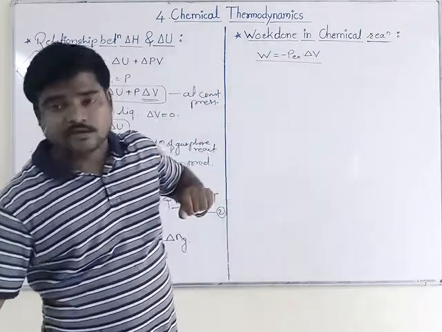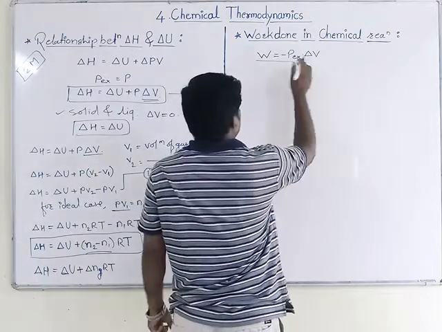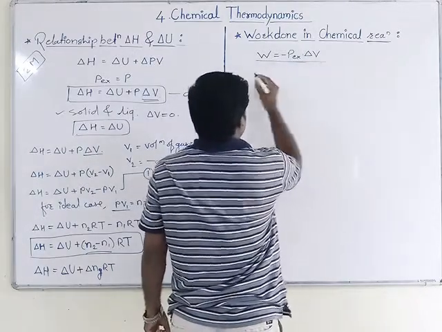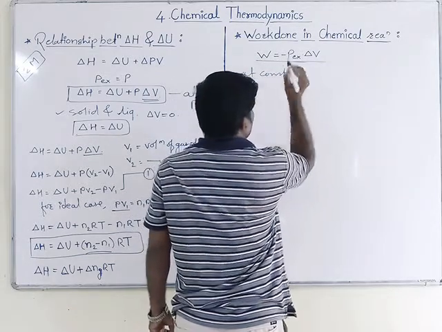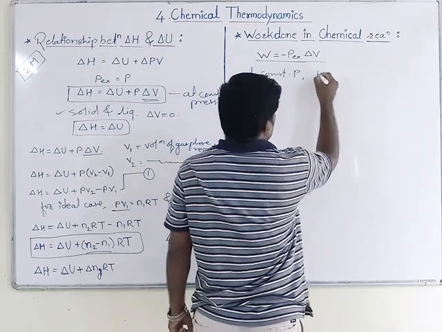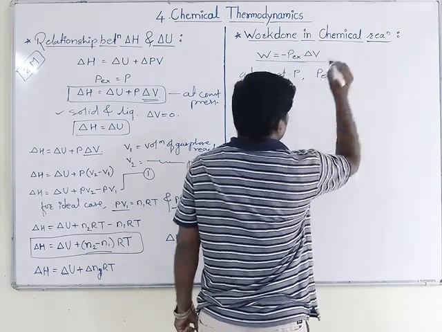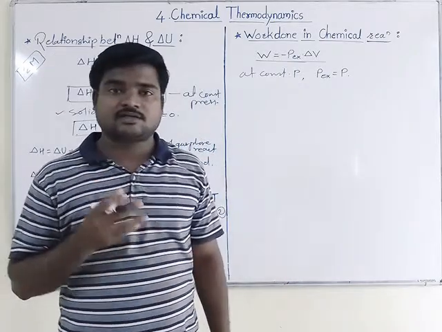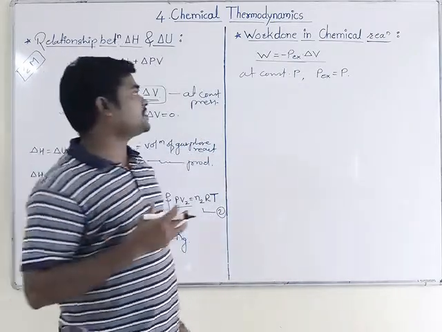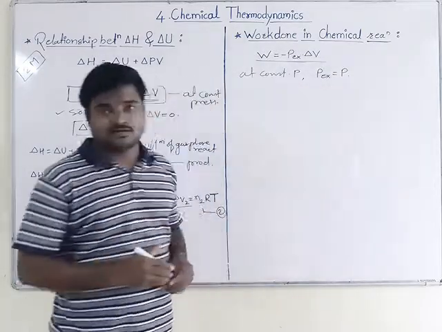So here we will apply one condition to this equation, that is at constant pressure. At constant pressure we have to make some changes. Pex is equal to P, meaning when you are carrying out any reaction in an open vessel at constant atmospheric pressure, the external pressure becomes equal to the internal pressure.